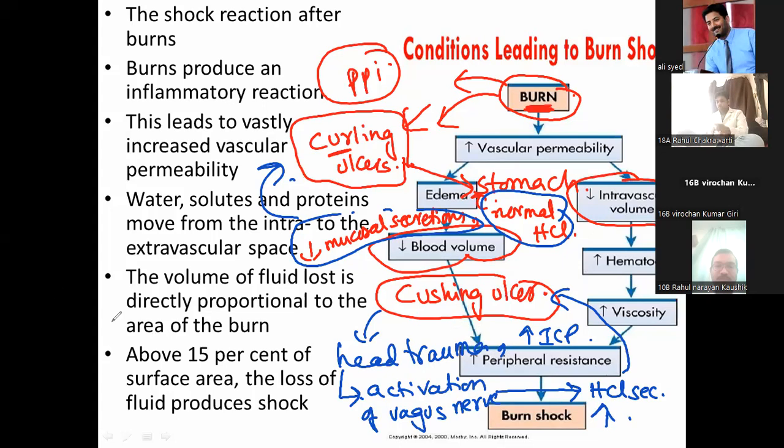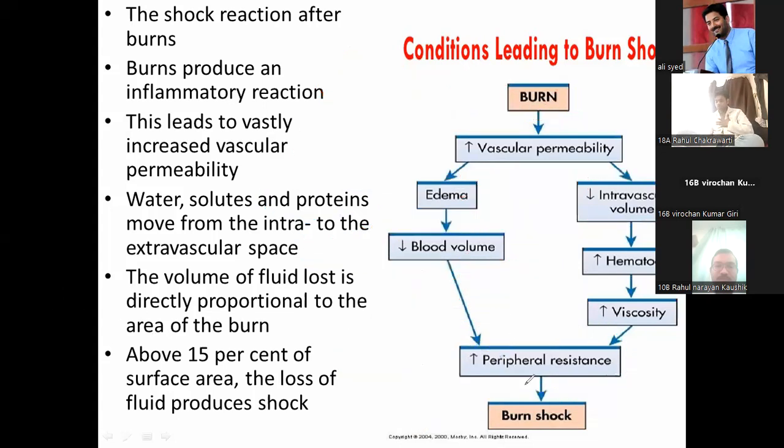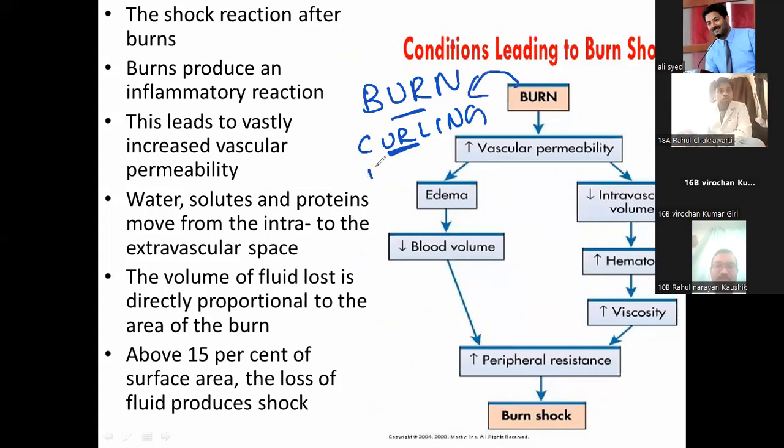So you must remember what is a Cushing ulcer and what is a curling ulcer. So burn, see here, burn, curling ulcer. Curling ulcer is present in burns. So you can never make a mistake: burn is going to form which ulcer? Answer is the curling ulcer.